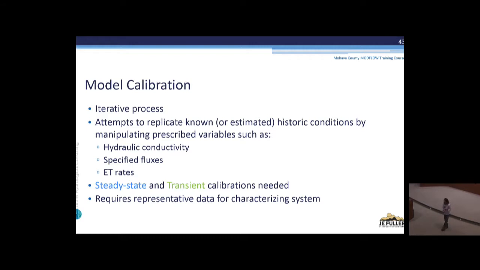People ask me all the time, shouldn't we have a smaller grid size? Why would we want a 1 kilometer grid size for a model? Well, there are a few reasons. One is that it's quick to solve. The fewer cells you have, the faster the model runs. That's not a really good reason. The main reason is you don't need a grid that's any more detailed than your data set that you're trying to match or simulate.